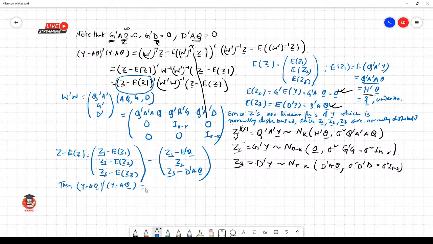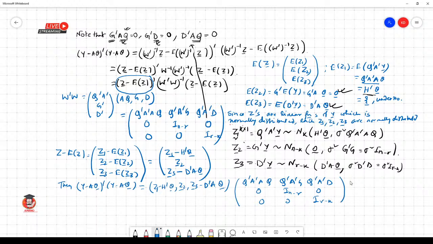This is Z1 minus H prime theta, Z2 curl, Z3 curl minus D prime A theta curl, and Q prime A prime A Q, Q prime A prime G, Q prime A prime D, I n minus r, I r minus k.